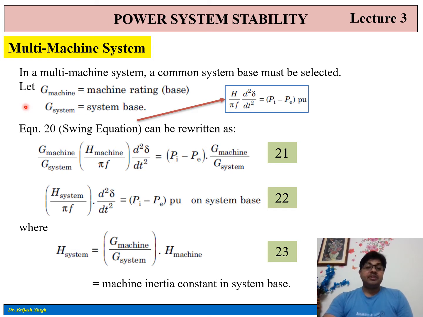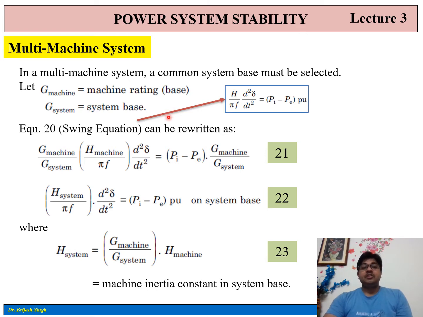The base value of the MVA rating of the generators is common. Before going to the detail of the multi-machine system, let G machine be the machine rating base and G system be the system base. So there are two bases: G machine, that is the base rating of the machine, and G system, the base of the entire system.